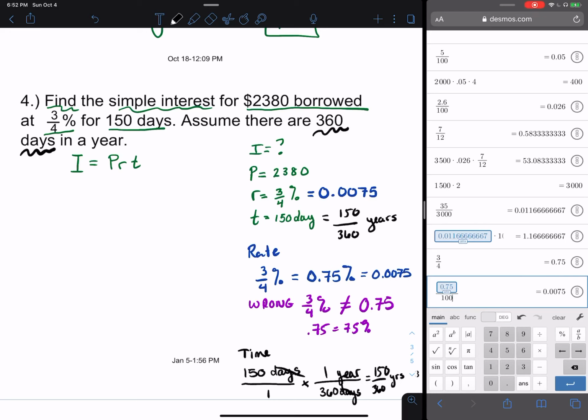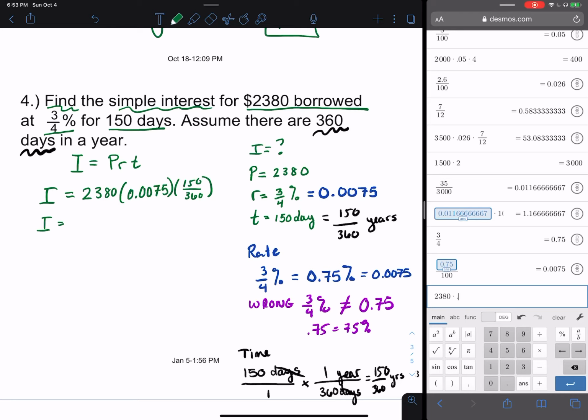Now I can substitute in. So that interest equals that principal, the 2,380, times the rate in decimal form, 0.0075, times the time in years, 150 over 360. Now that I have it all written out, I'm going to plug it in my calculator.